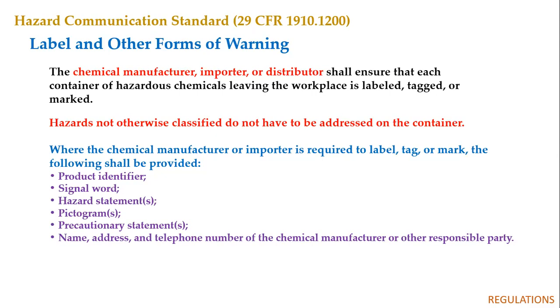When the chemical manufacturer or importer is required to label, tag, or mark, the following shall be provided: the product identifier, signal words, hazard statement, pictogram, precautionary statement, and the name, address, and telephone number of the chemical manufacturer or other responsible party.